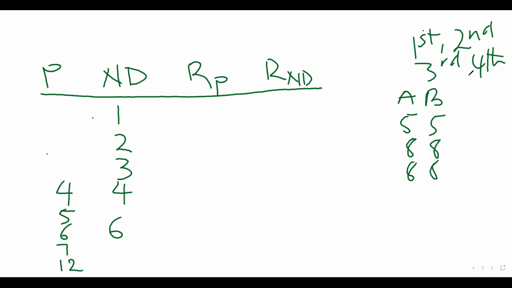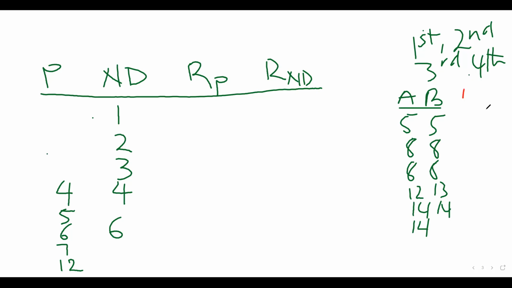The next is 12, and here is 13. The last is 14, 14, and 14 on this side. I'm going to use this to do some ranking, and I want you to follow me, because that way you can appreciate the ranking.